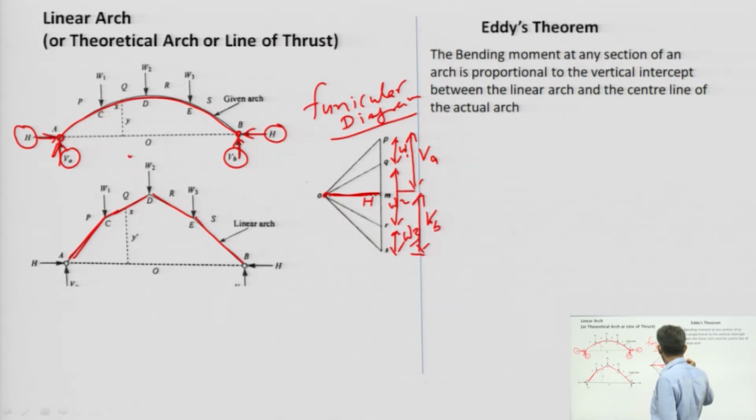Sum of VA plus VB is W1 plus W2 plus W3.